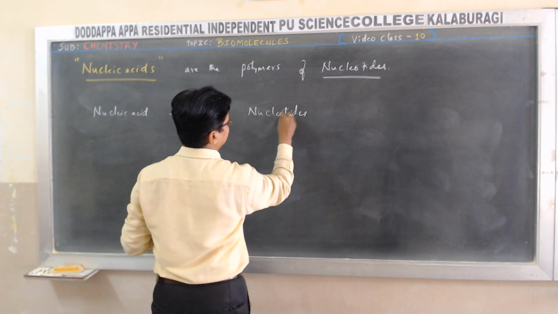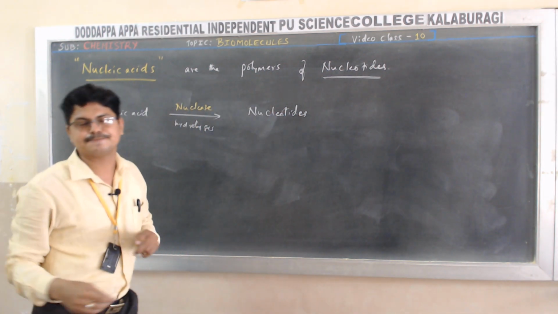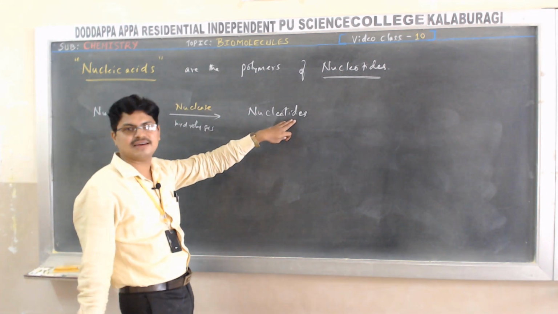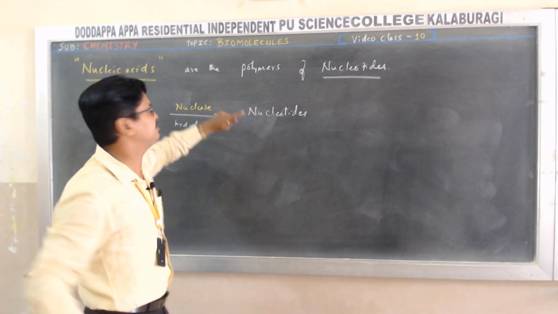That's what nucleic acids mean: nucleic acids are the polymers of nucleotides. A chain of nucleotides forms a nucleic acid.